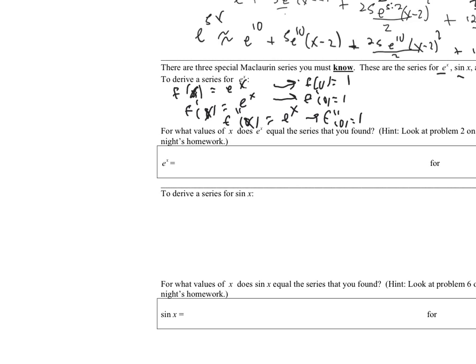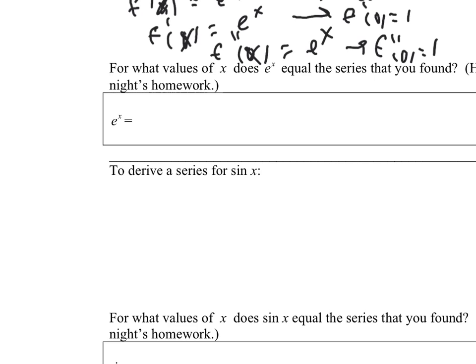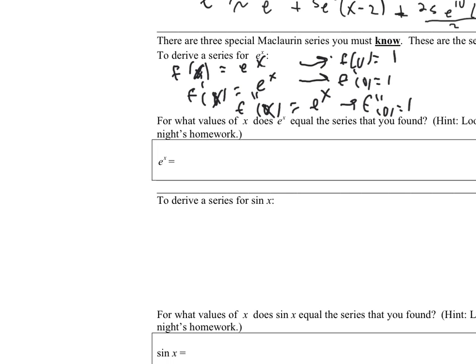Let's build it. E to the x is approximately, or he says equals, because we're going to go to the last. So f of 0 would be a 1 plus another 1, because that's the coefficient with the first derivative, and that would be times, that's your derivative over 1 factorial times x minus 0, that'd be a 1x, plus another 1.